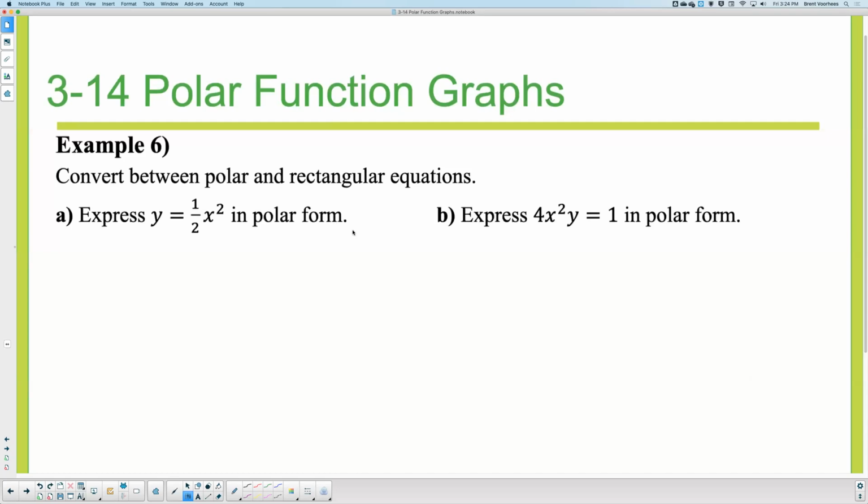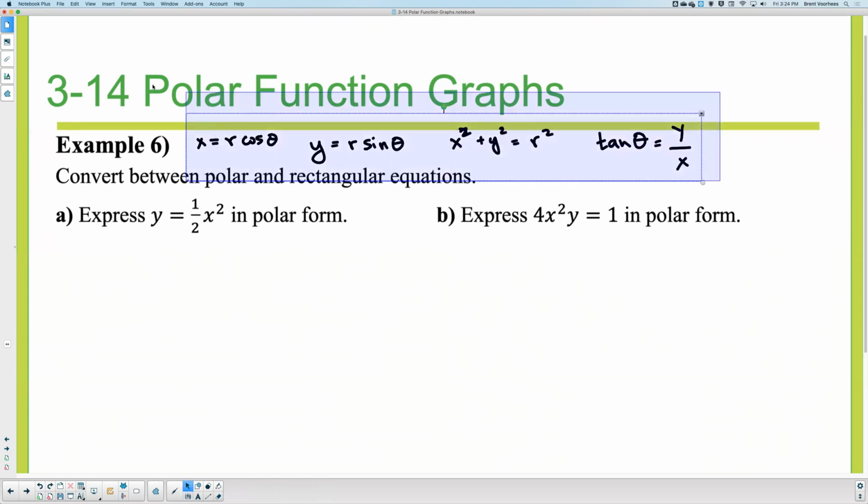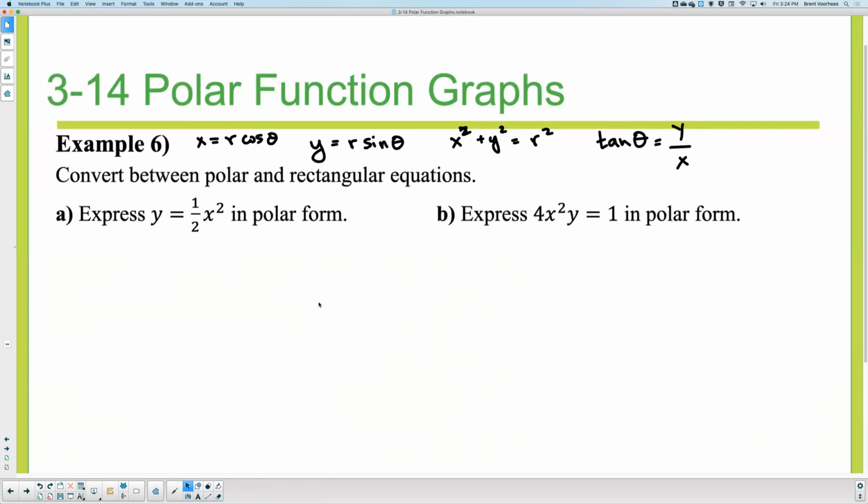So my four formulas, just to make sure you remember, is that x is equal to r cosine theta, y is equal to r sine theta, x squared plus y squared equals r squared, and finally that tangent theta equals y over x. Those are our four formulas that we're going to use to convert from one type of equation to another.